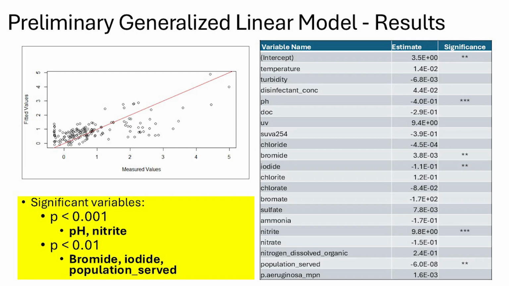What we found were actually the same things that we would expect, that pH and nitrates, bromides, iodides, and the size of the system were the biggest determinants of Legionella that would be present in the plants or in the distribution system in the locations that we measured.